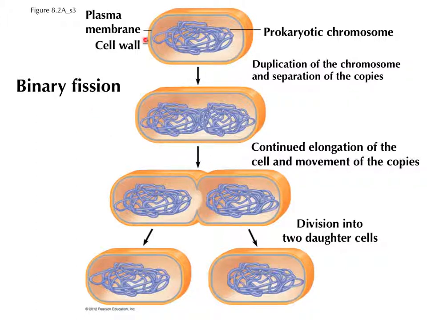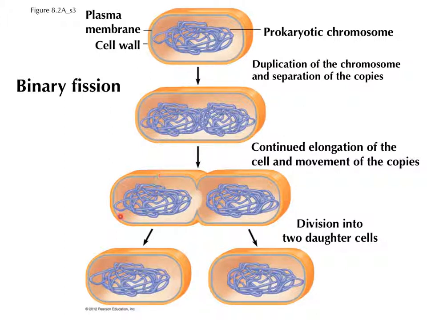You can see here is a bacterial cell, a prokaryotic single circular chromosome. Part of that chromosome is attached to the cell wall at this stage. The chromosome is going to replicate, so now we have two chromosomes, the other one's attached to the other side of the cell wall.